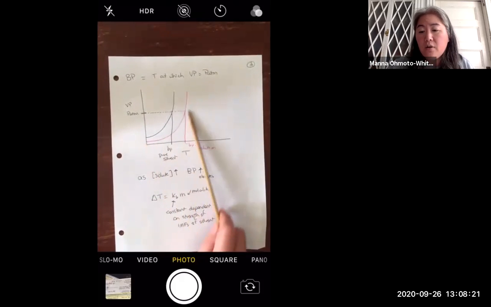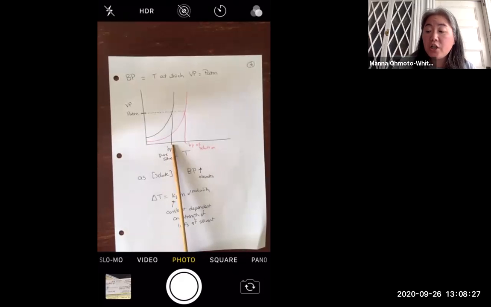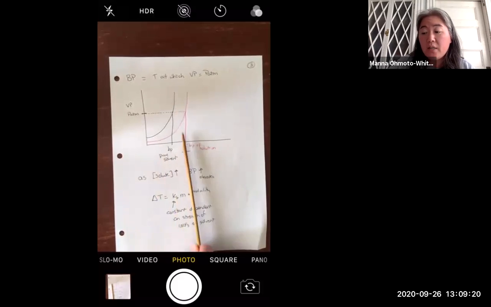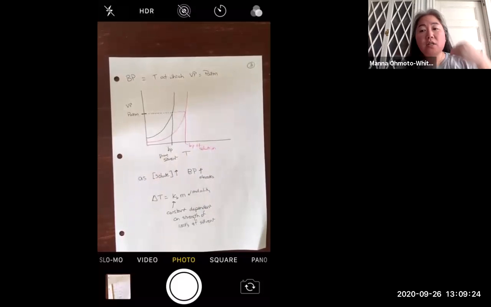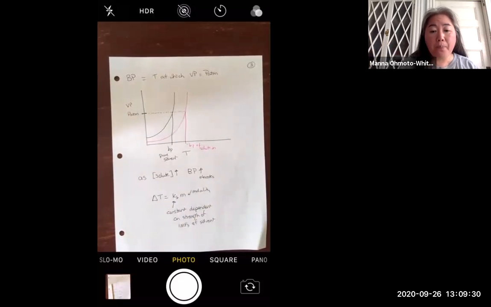So if my vapor pressure curve is lowered, the temperature required to reach the vapor pressure so that it's equal to the atmospheric pressure will increase. So as the solute concentration increases, the boiling point increases or elevates, hence the term BPE, boiling point elevation.